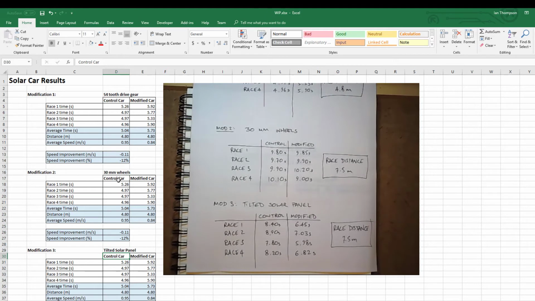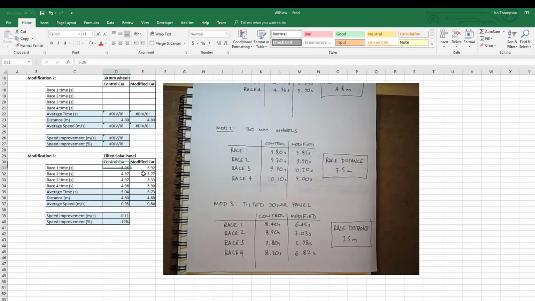All right. Now, of course, I've still got my modification 1 data in there, so I'm just going to delete all that data. Delete. Oh, and it's created a whole bunch of errors. That's okay, because I can fix those later. And I'll come down here as well, and I'm going to delete all my data. Now, notice when I'm deleting, I'm not deleting my formulas, because when I put my new data in there, those formulas will still work.